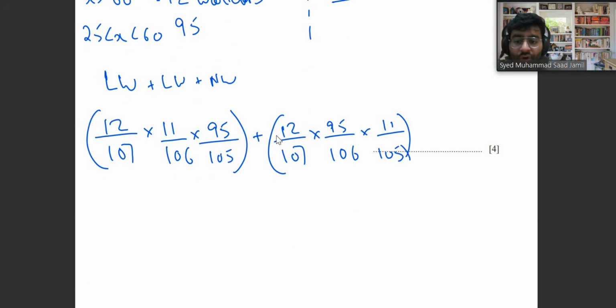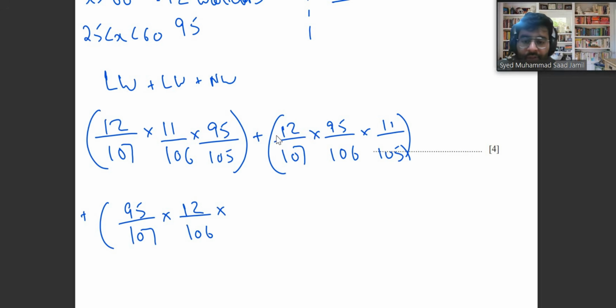Plus another combination can be that the first worker takes between 25 and 60 minutes, so 95 upon 107, multiplied by the other worker taking more than 60 minutes, so 12 upon 106, multiplied by 11 upon 105.